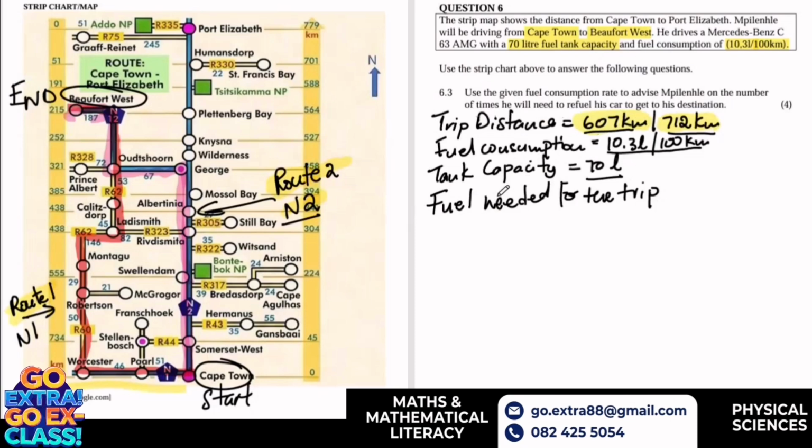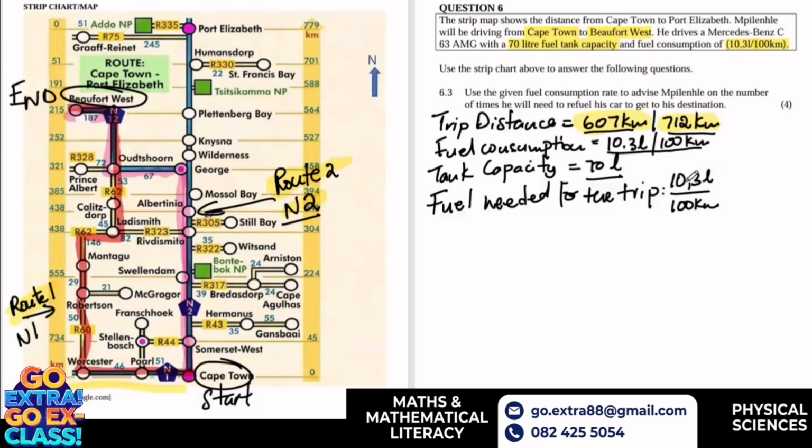How do we do that? We're going to use the rate. Using the rate, this car uses 10.3 liters for every 100 kilometers.